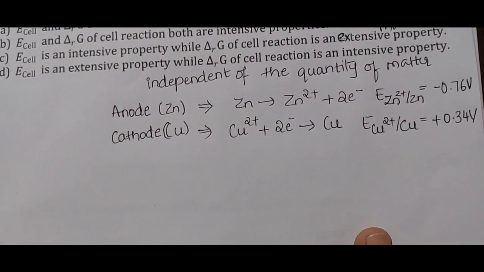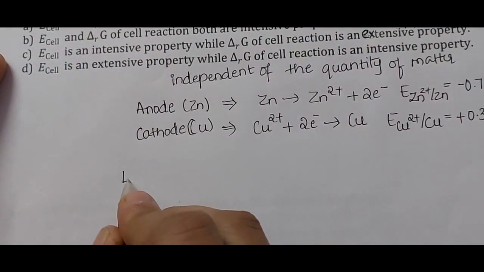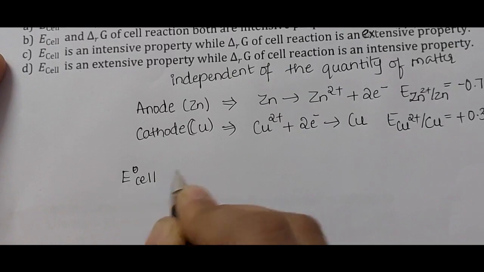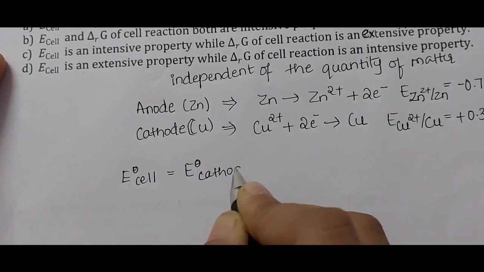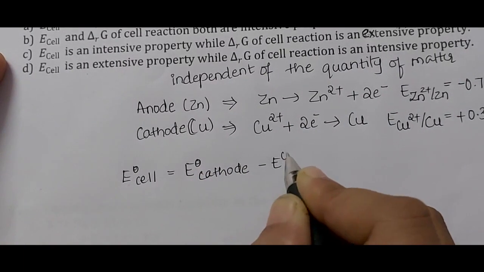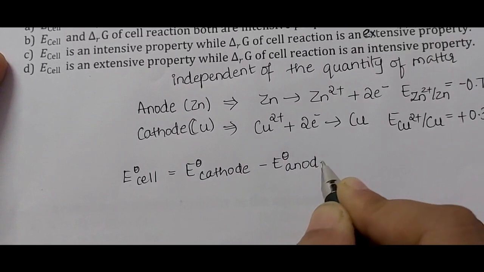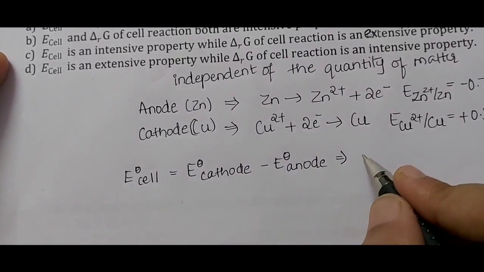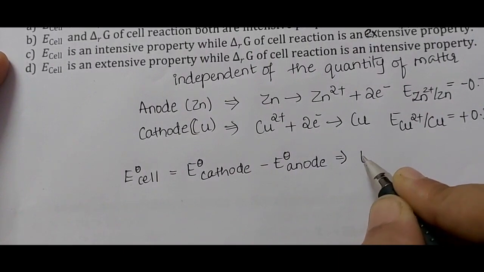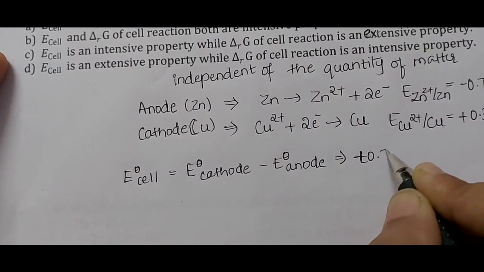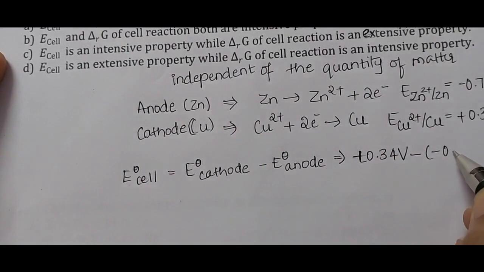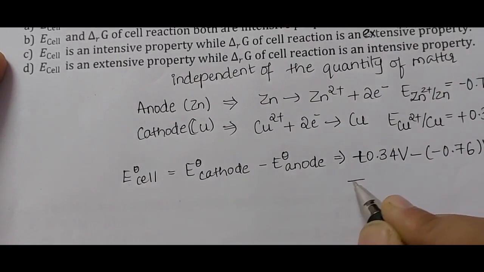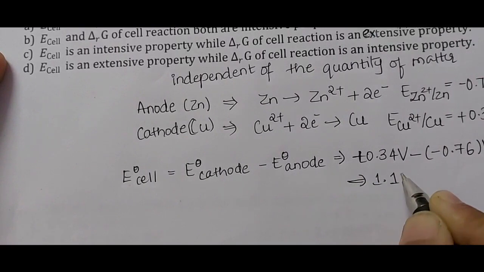So if we calculate E naught of the cell, it is E naught of cathode minus E naught of anode. Here E naught of cathode is plus 0.34 volt and E naught of anode is minus 0.76 volt. So when you calculate it, you get 1.1 volt.